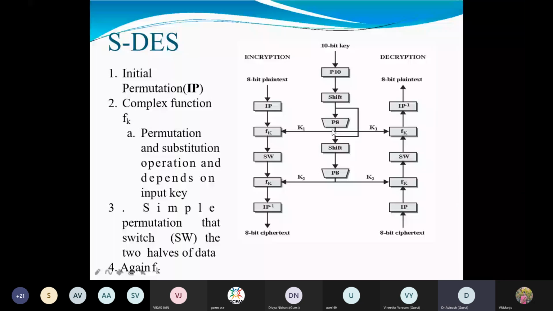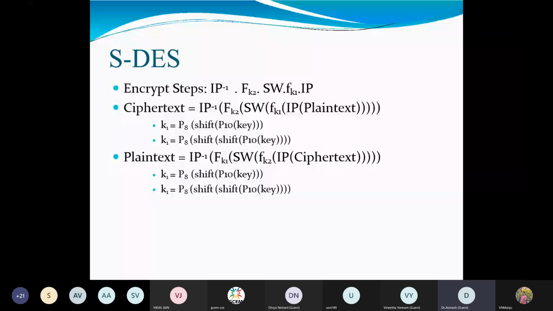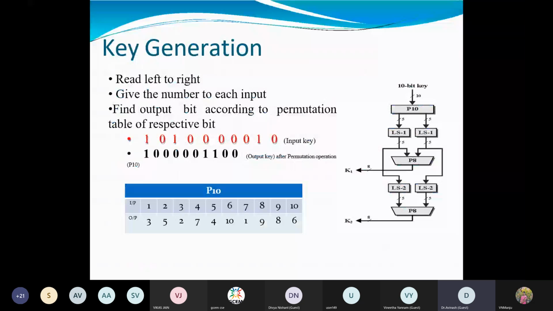This is the function which is applied. We apply this entire function on the ciphertext and then the plaintext. It is entirely the reverse process: generating the ciphertext from the plaintext, and then again generating the plaintext from the ciphertext. This is the key generation process from left to right.